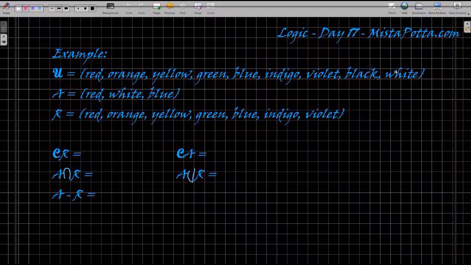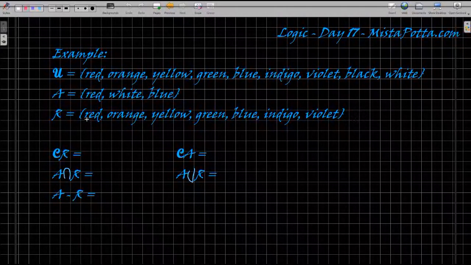But I have two sets here. I've got one set, red, white, and blue. The rule here are the colors of the American flag. And here I've got red, orange, yellow, green, blue, indigo, violet. These are the colors of the rainbow.